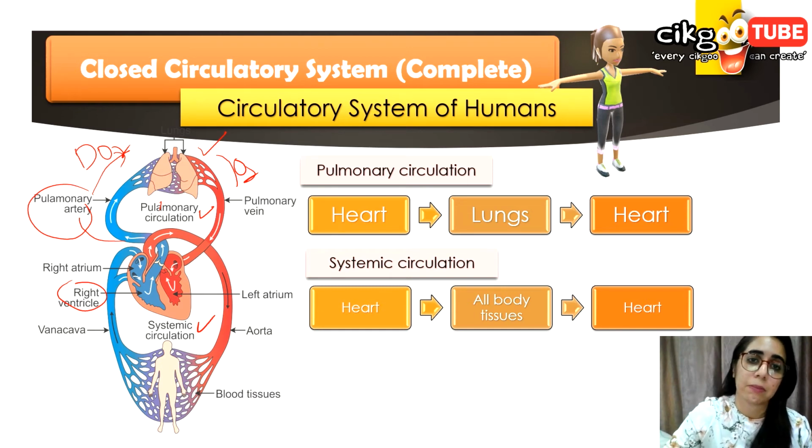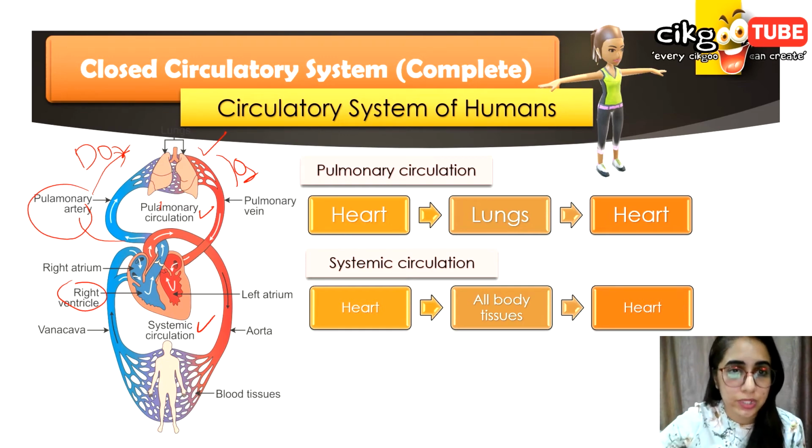Okay, but in the systemic circulation, the oxygenated blood will be pumped out from the left ventricle at very high pressure through the aorta, and into the branches of arteries to reach the body tissues, because we have a lot of body tissues, correct?